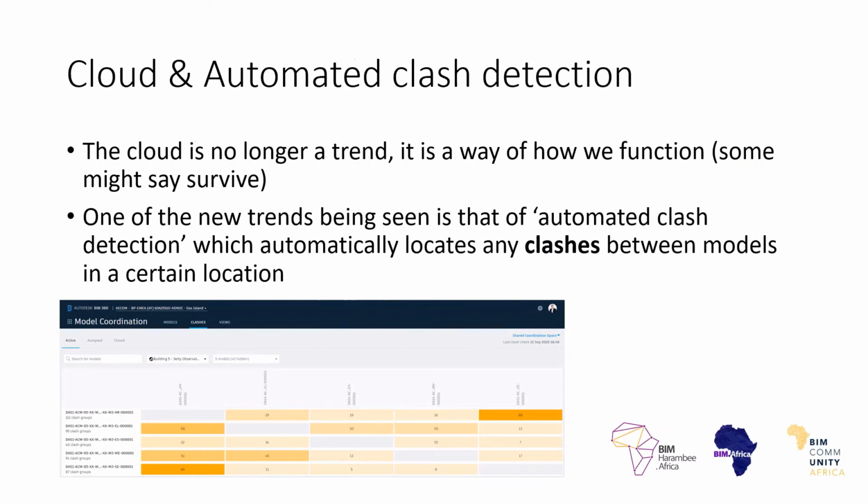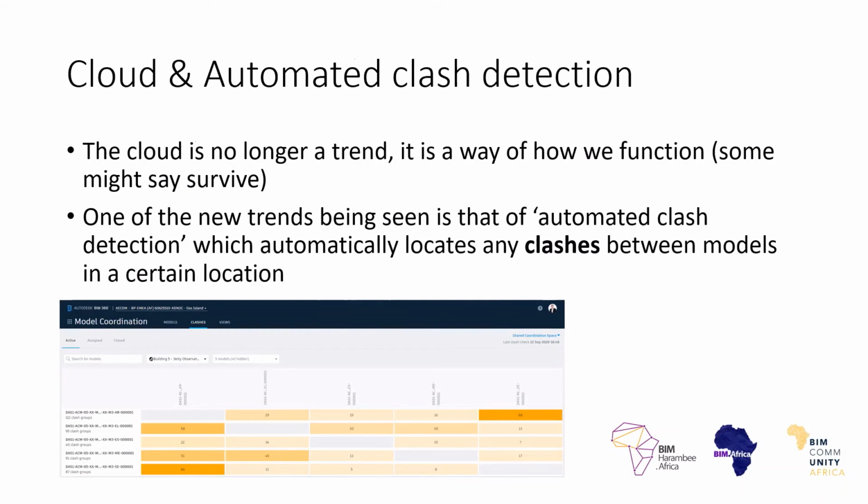This is where you put a whole lot of models into a particular cloud location, and then the application does the clash detection for you. You don't physically have to run clash tests, and it gives you instant feedback on those clashes.